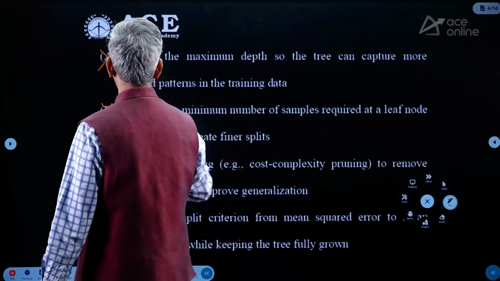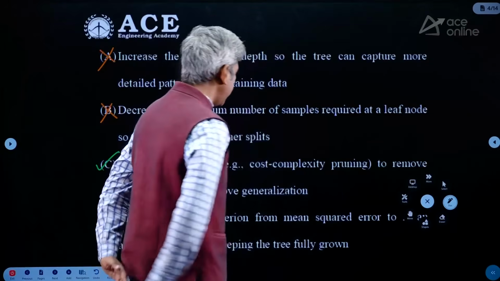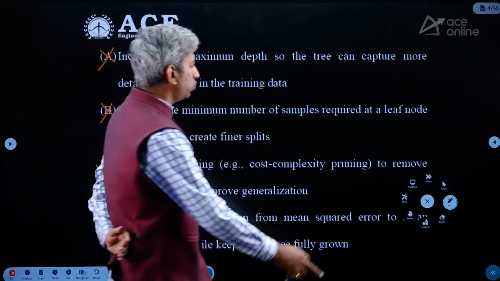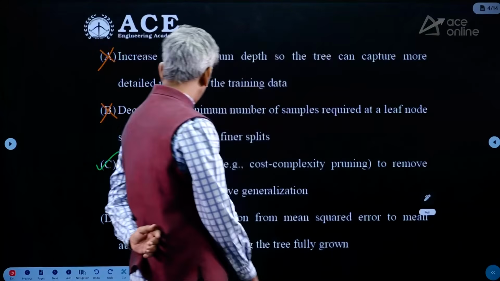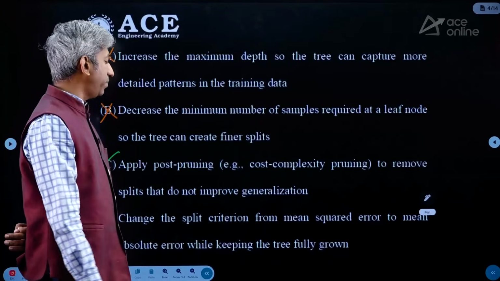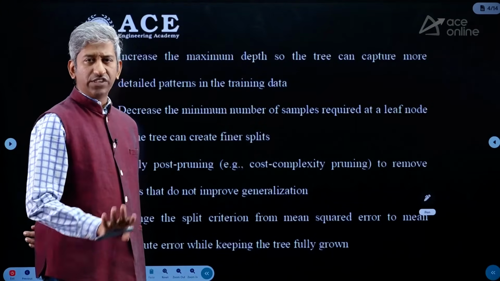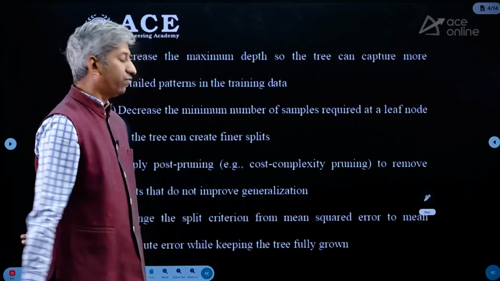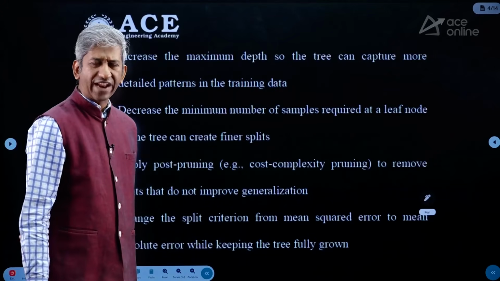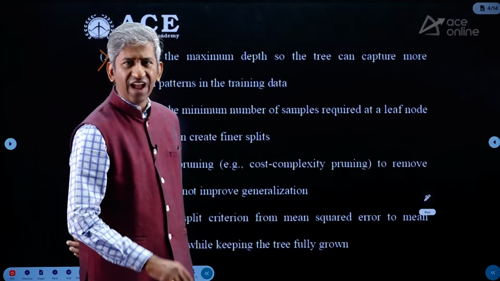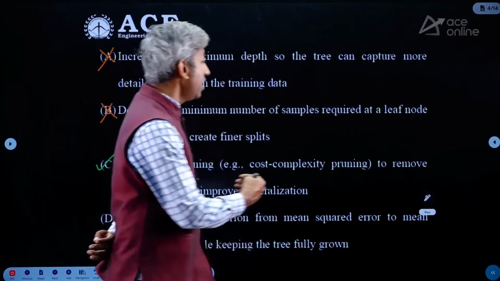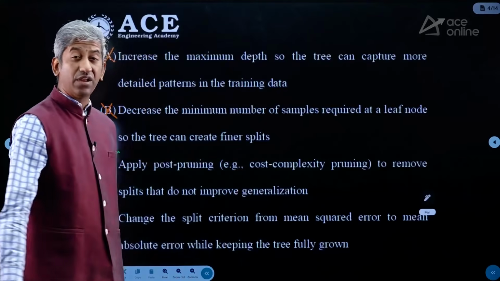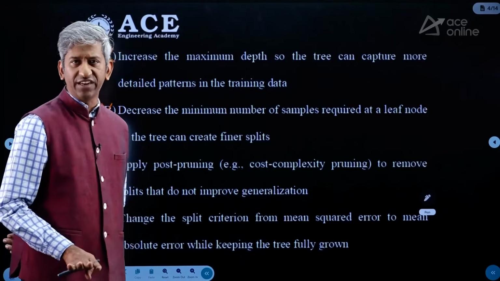is a correct statement. Option D: change the split criteria from mean squared error to the mean absolute error while keeping the tree fully grown. First of all, we will not consider fully grown trees practically. That is the first aspect. And another important aspect here is mean squared error and mean absolute error are not the splitting criteria.